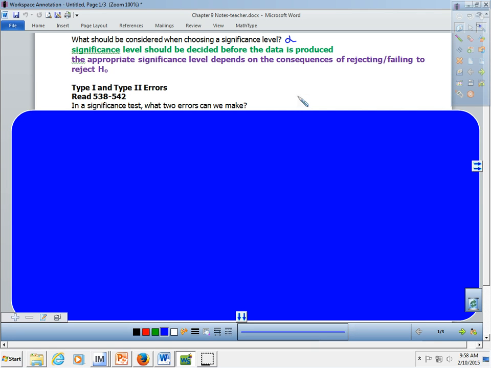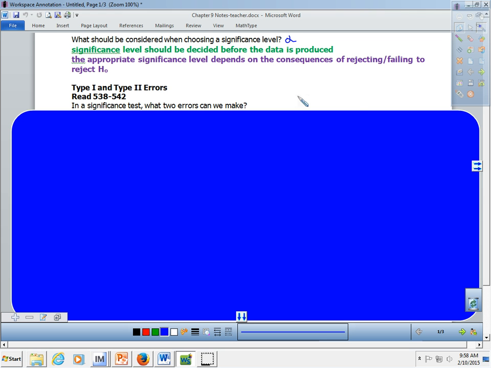And we talked about the consequences of making mistakes, guilty versus not guilty in a trial, and if there was a mistake made. Depending on which mistake you find to be the most egregious, that will dictate which mistake you want to block against, and therefore choose your significance level due to that. That's what we're going to talk about tonight, the mistakes that can be made.